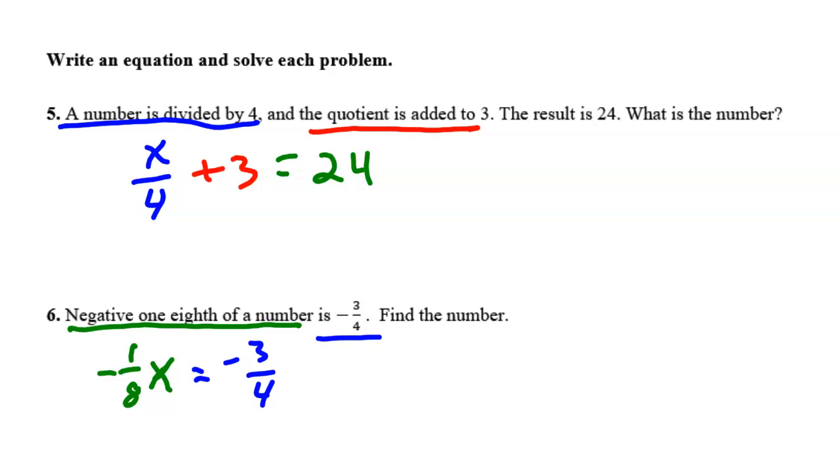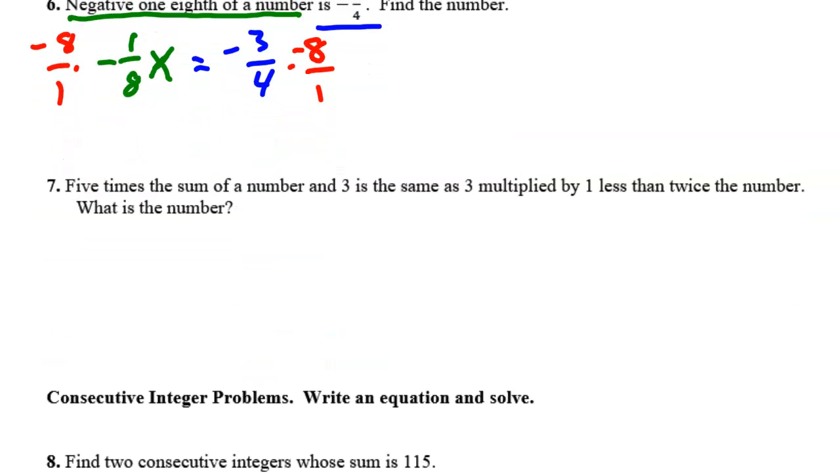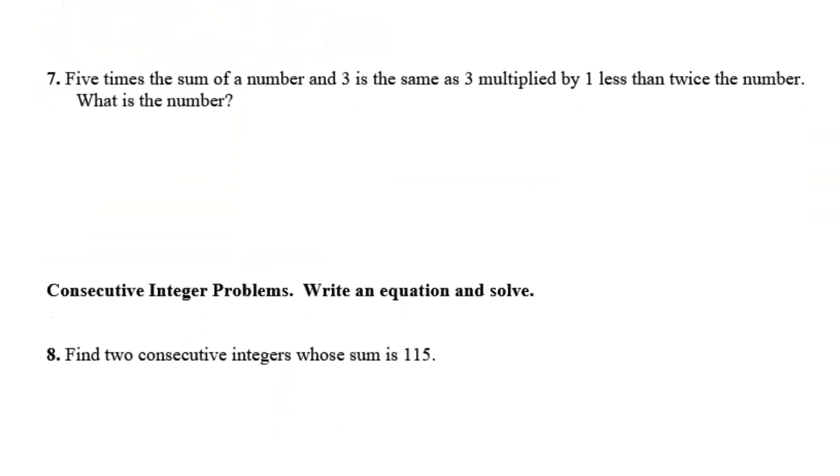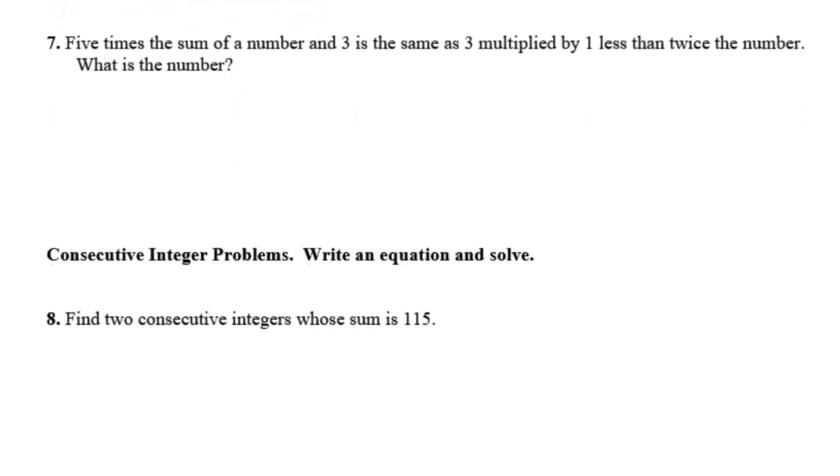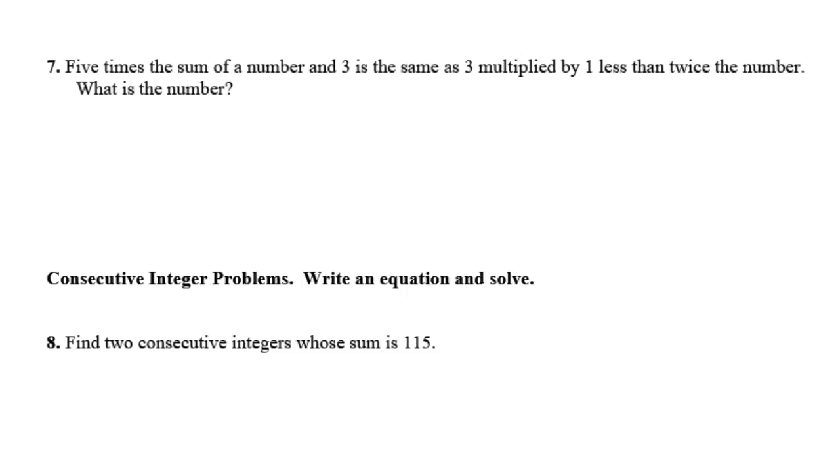And then to solve that, you're just going to multiply both sides by negative 8 over 1. All right, let's move forward. Try number 7. Again, pause now, try this, and then when you're ready, come back to me.